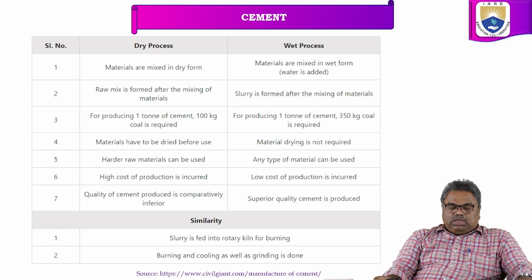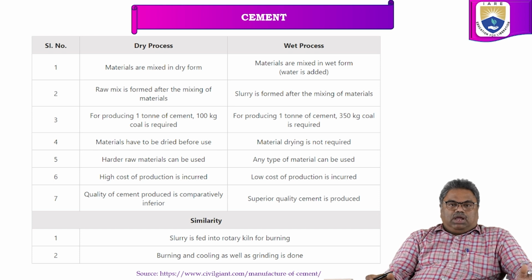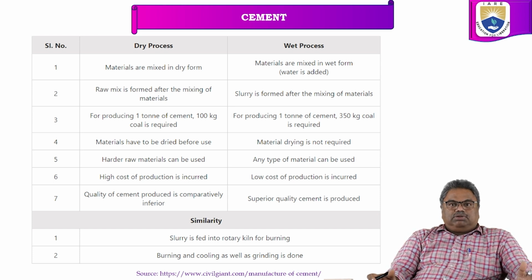Burning and cooling as well as grinding are done in both processes. So these are the comparisons and similarities of the dry and wet processes of cement manufacturing.